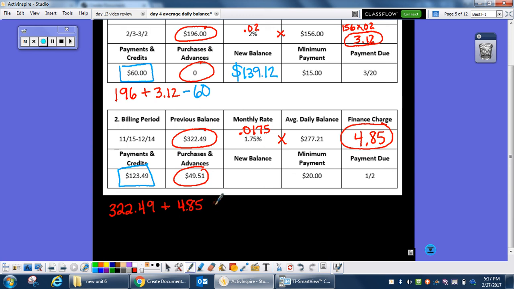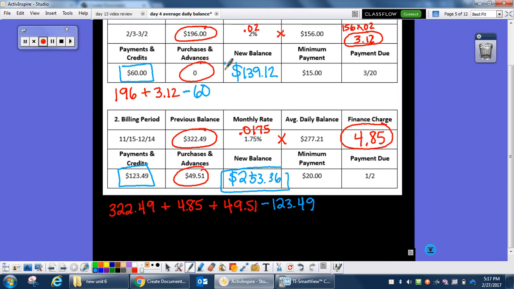And then we made some more purchases. Then you made a payment. And that gets you to, at the end of the month, we now owe $253.36. So that is the new balance.